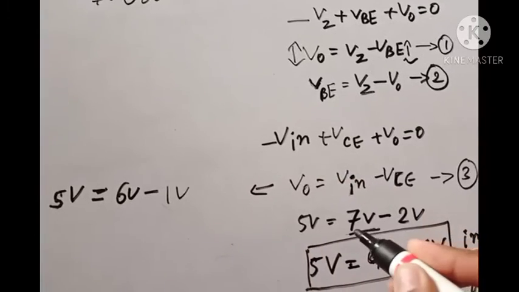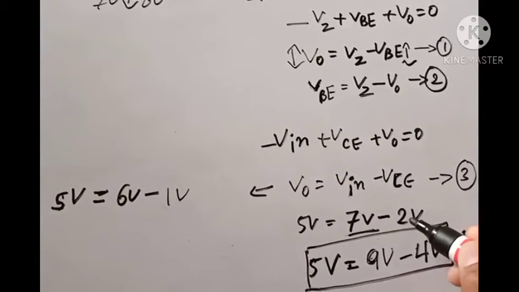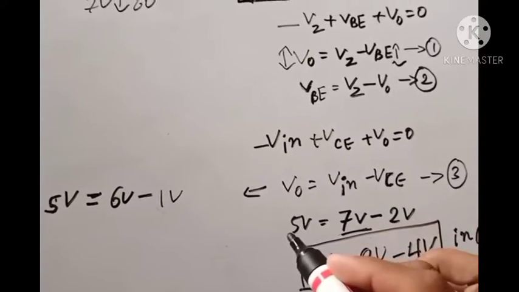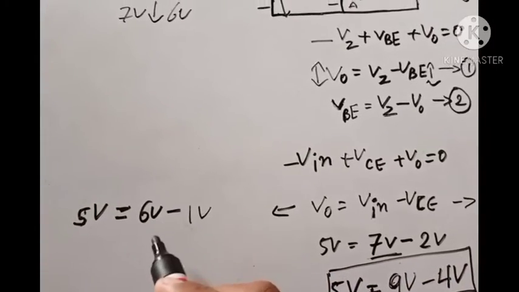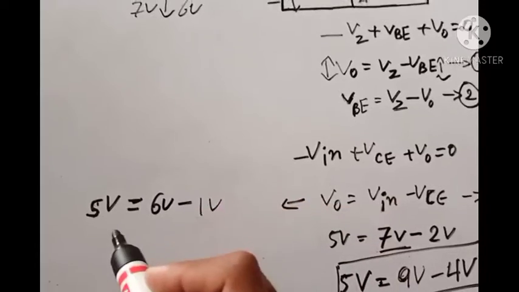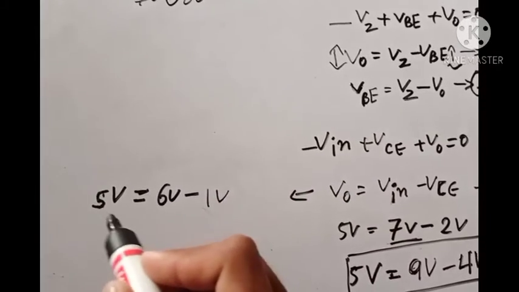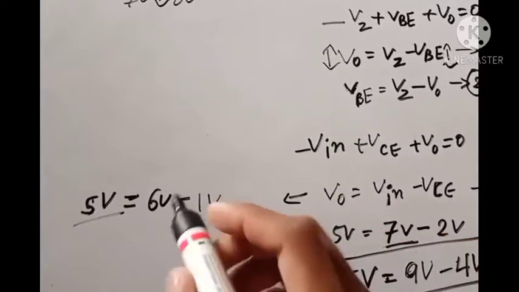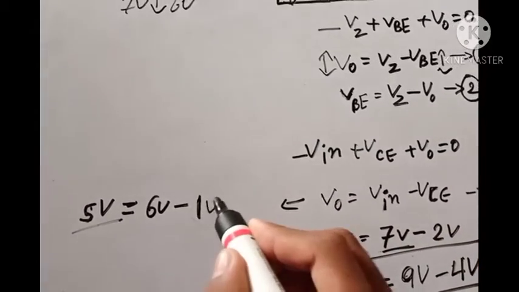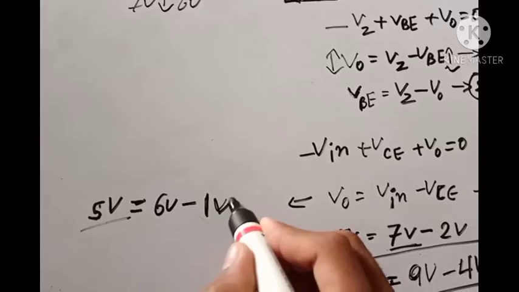If the input is 7 volts, we get a VCE voltage of 2 volts to get the output of 5 volts. But here we have 6 volts of input. So to maintain the output constant at 5 volts, the VCE varies and the voltage of VCE will be 1 volt.